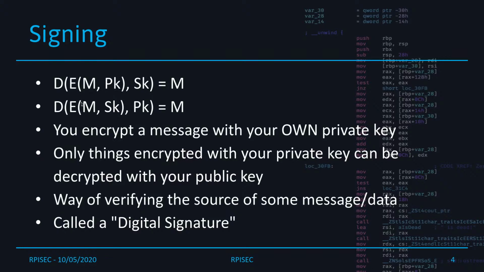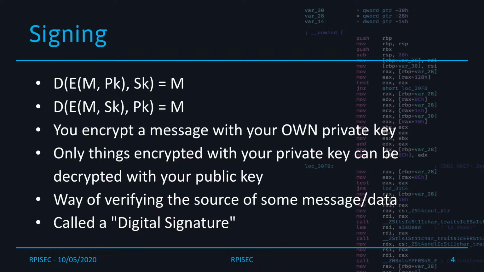So you can encrypt something with a secret key and decrypt it with a public key. That means that if you encrypt a message with your own private key, then anybody that has your public key will be able to decrypt that message. This type of scheme is called a digital signature, and it's a way of verifying the source of some message or data.